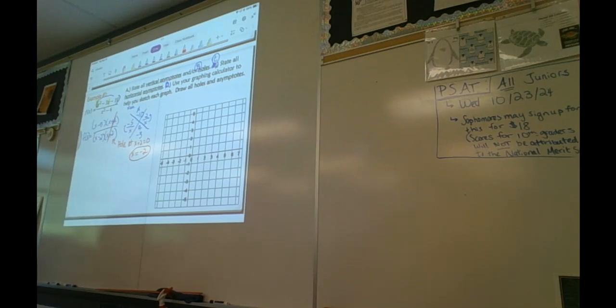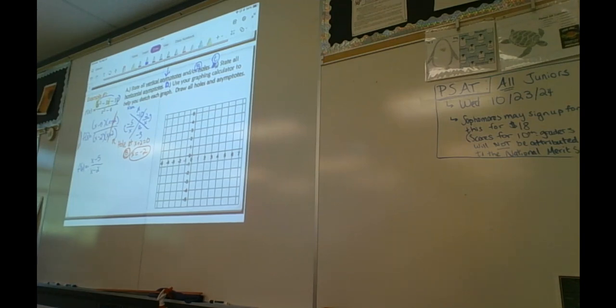All right, let's keep going. So my function turns into x minus 5 over x minus 2. Also this was part B, we already answered part B. Okay, the next thing, we need to state all vertical asymptotes, right? So a vertical asymptote is when the denominator equals 0, right?